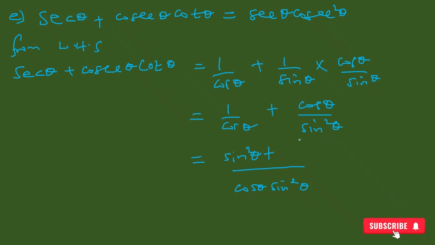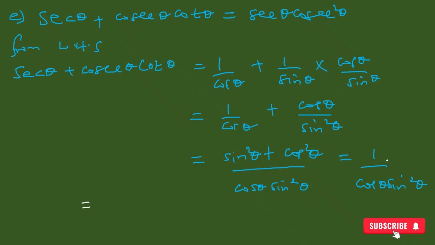So cos theta times cos theta remains with cos squared theta. And this is equal to, we know sine squared theta plus cos squared theta is 1. We know that identity, over cos theta sine squared theta. We are almost there.